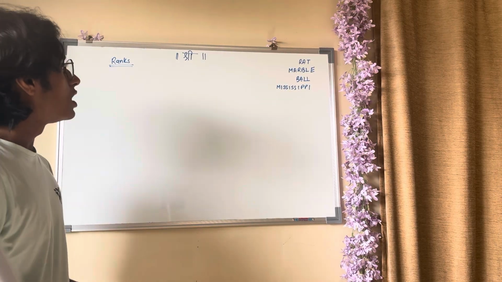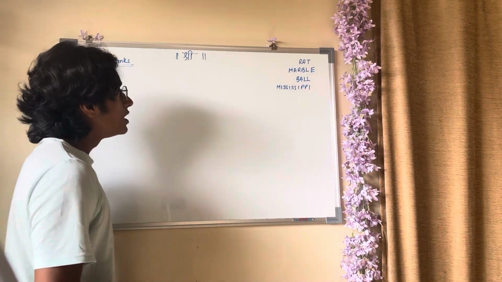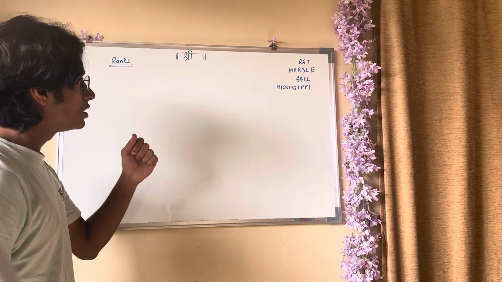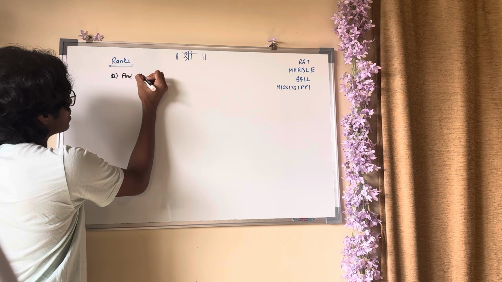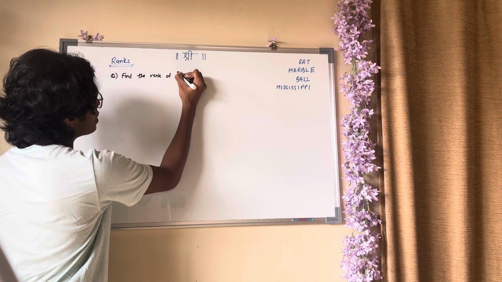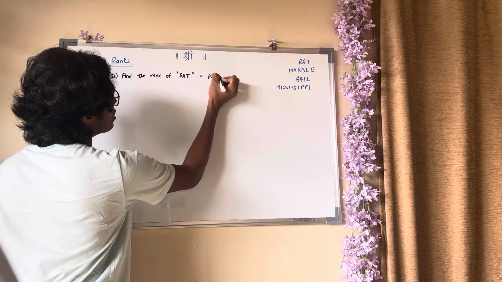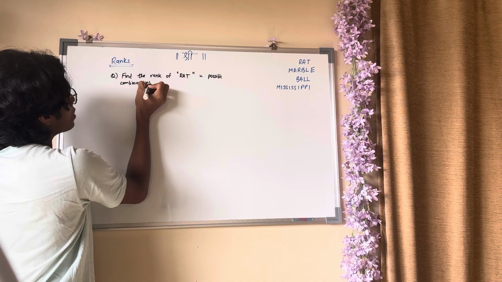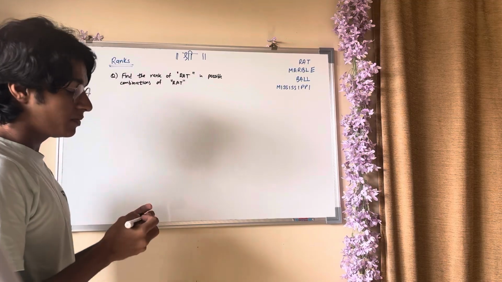Now I will start with an example, which is a three-lettered word RAT. Now the meaning of rank of a word is that, if I have a question, find the rank of RAT in possible combinations of RAT, what does this mean?